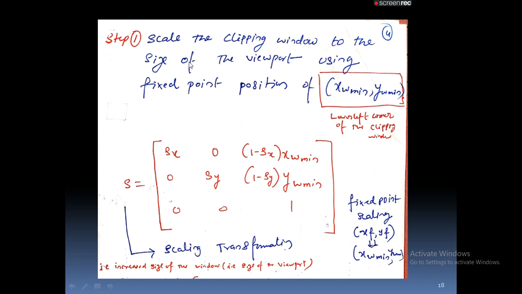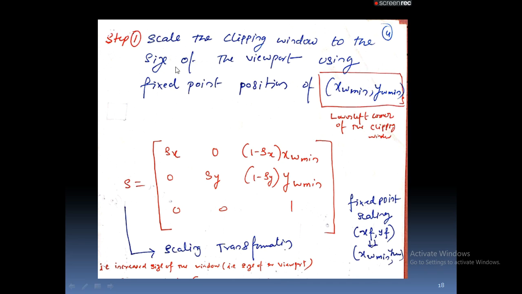This is the fixed point we selected. So the first step we need to perform, whenever you want to map viewing coordinate to viewport coordinate, is to adjust the size of the clipping window to the size of the viewport, either by increasing or by decreasing the size.